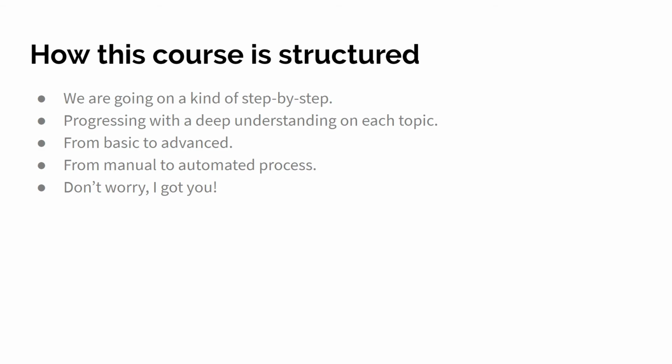But whenever we get to the next topic, we'll be fully equipped with that knowledge. We're going from basic to advanced, so you don't even have to know anything about serverless or AWS. I'll be taking you from the first to the last level. We will also be going from manual process to automated process.